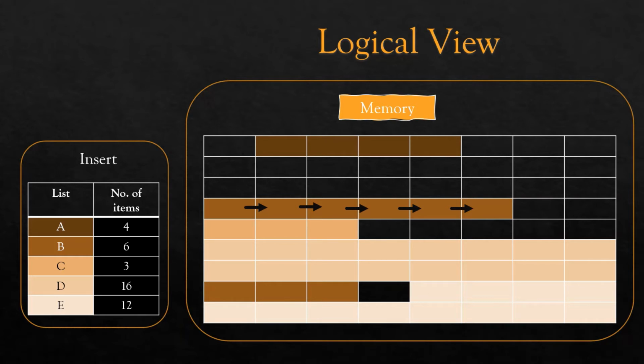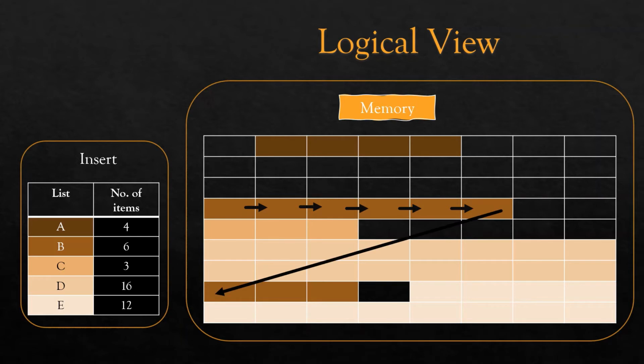Because there is no compulsion that all the elements must be in contiguous locations, when we ask for 3 additional spaces, or when we want to include 3 more elements in B, the 3 blocks of space can be allocated anywhere in the memory. The next block is allocated at the next free space, which can exist anywhere in the memory.